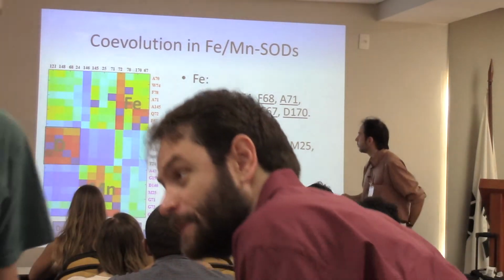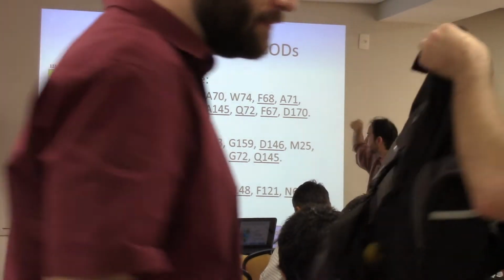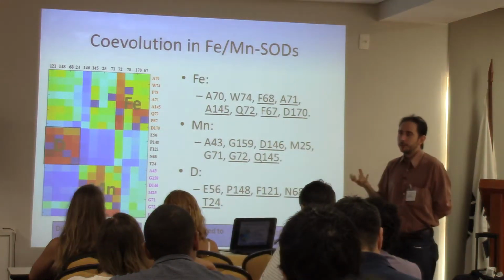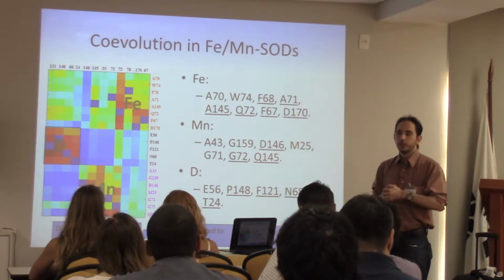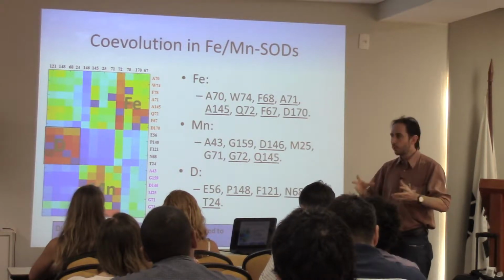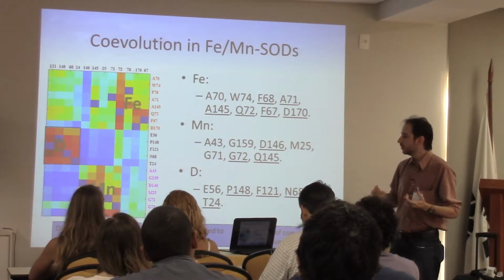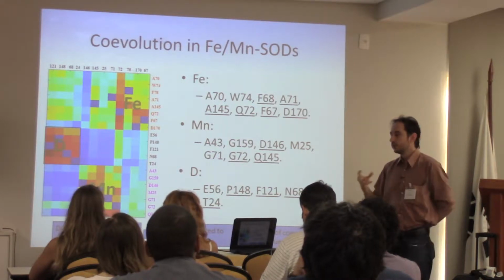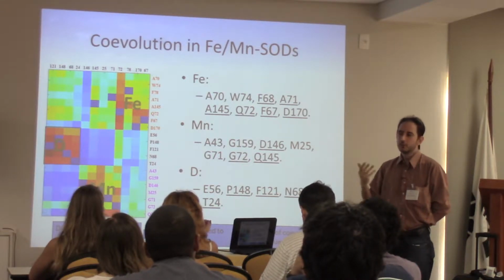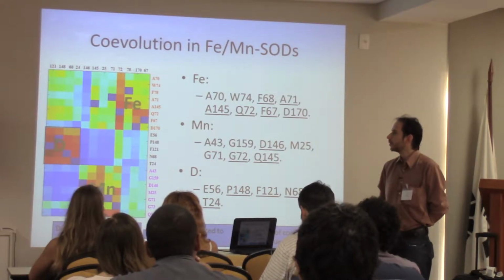And those that were previously discussed are these which are underlined, but the nice thing is that we found other positions using this method which were not described before. The method that was used to find these positions was based on training. So you had a set of proteins for which people already knew the answer, whether they used manganese or iron, whether they were dimeric or tetrameric, and then the method simply used these results to train an algorithm and apply it to a test set to see if they were able to predict what would be the bound metal or the oligomeric state.